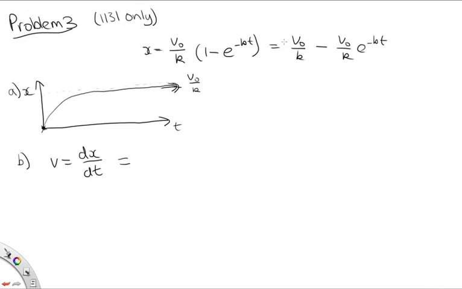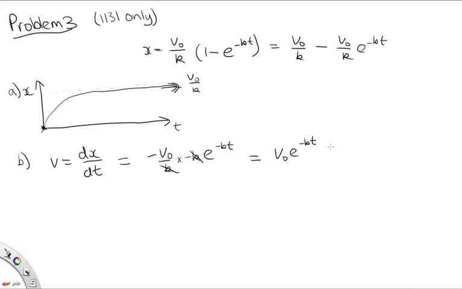When we take the derivative of this first term, this is just a constant term, so we get 0. So we've got to just take the derivative of this term. So we've got minus v naught on k times minus k e to the minus kt. That's how we take the derivative of an exponential function. So these k's will cancel out, and these negative signs will cancel out. So we'll have v naught e to the minus kt.